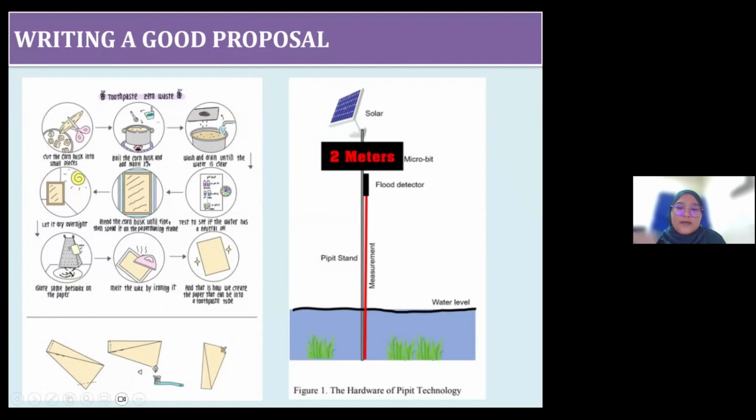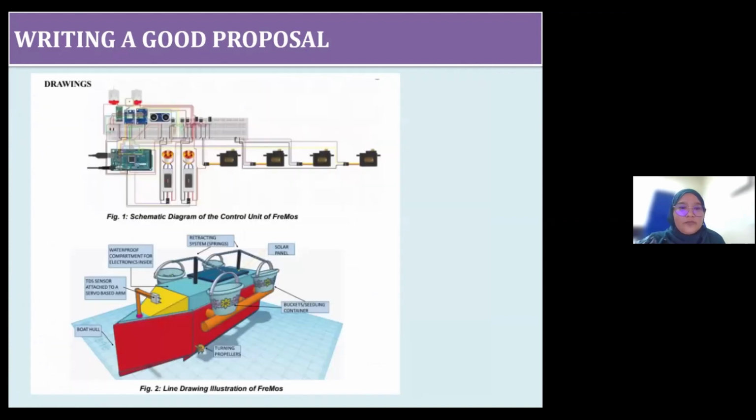So it's a very simple illustration. However, it's compact, and straight away we are able to tell what the product is about. Looking at this drawing, a schematic diagram of the control unit of FIMOS or NA, it comes together with a drawing illustration of the product.